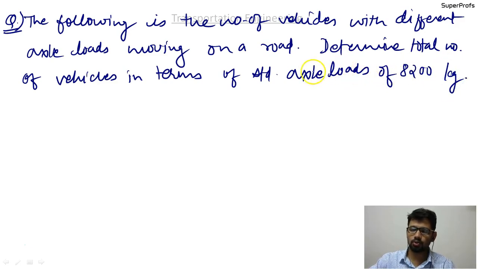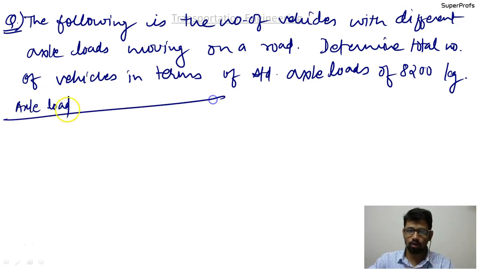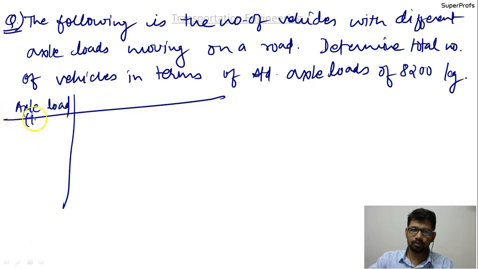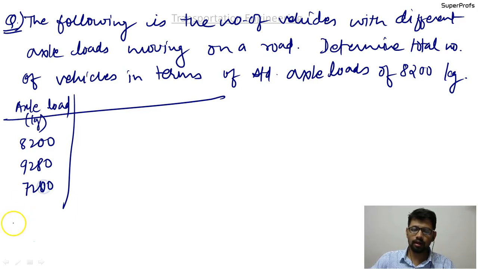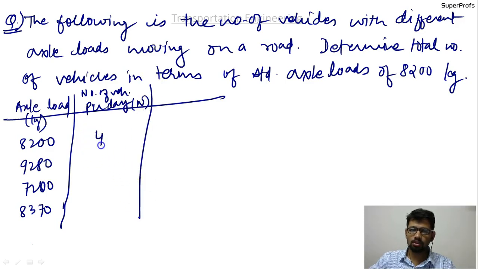What they have given is axle load in column 1, in kgs: 8200, 9280, 7200 and 8370. These are the 4 axle loads, and they have given the number of vehicles per day, n: 420, 120, 570 and 450 vehicles.